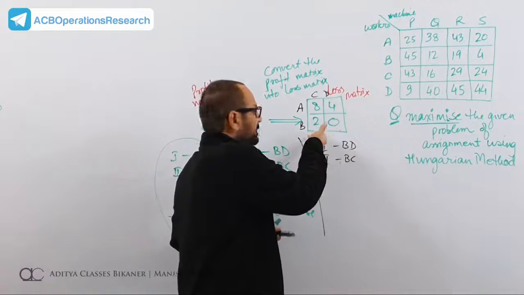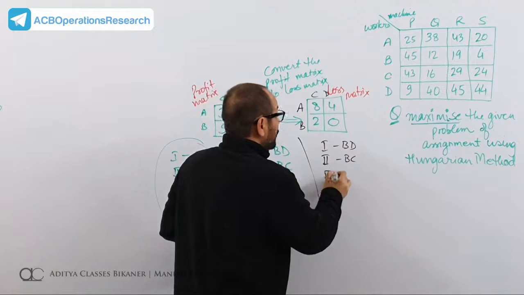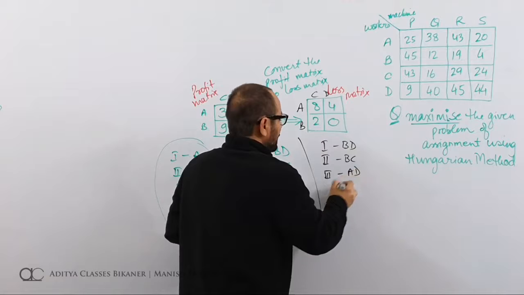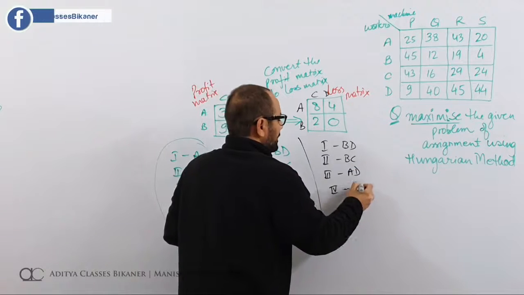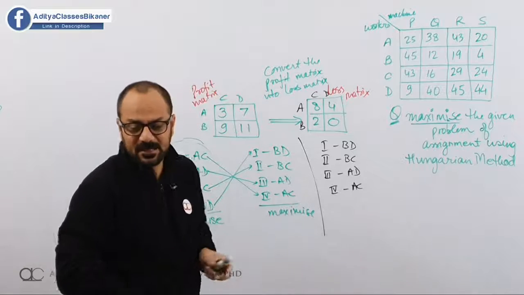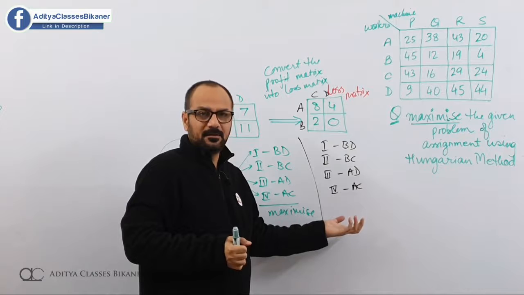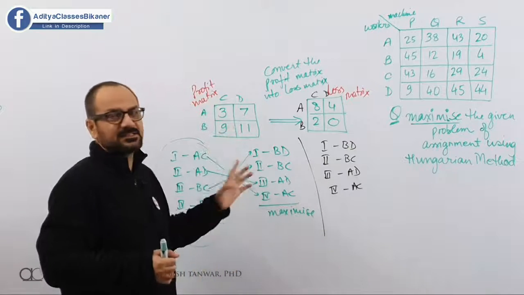Smallest is definitely 0, but then okay, 2 is good. Then 4 is good. So third choice for assignment, for minimization of this problem would be AD. Fourth choice for minimization of this problem would be AC. So what I have done is, I have minimized my problem, but ultimately I am getting the same priority as the maximization case.